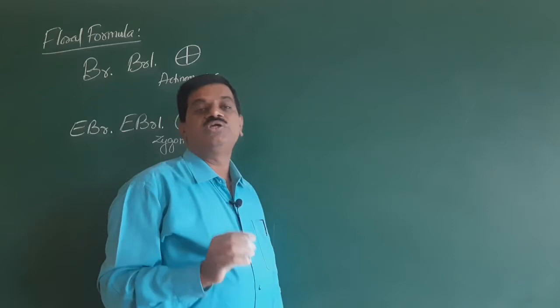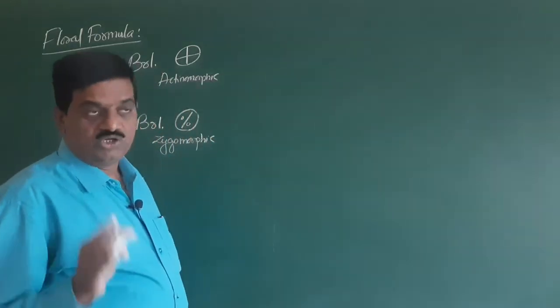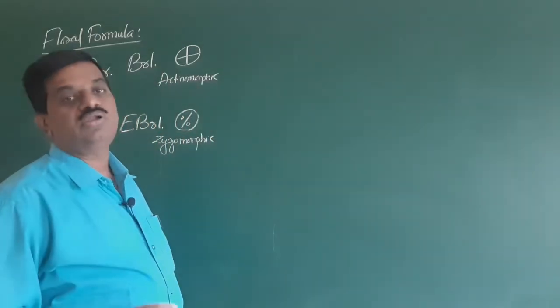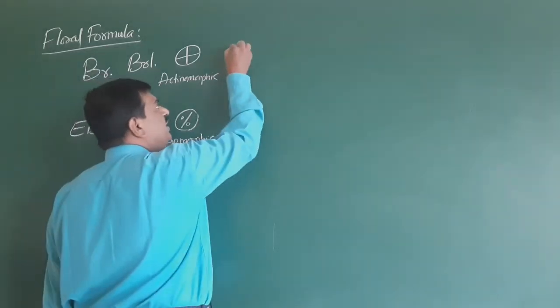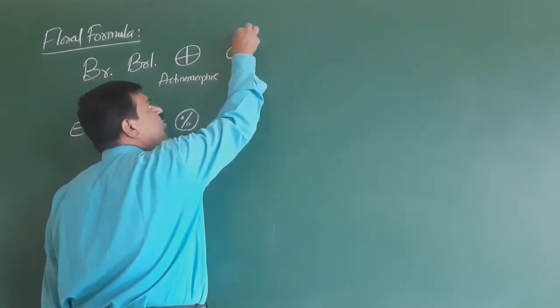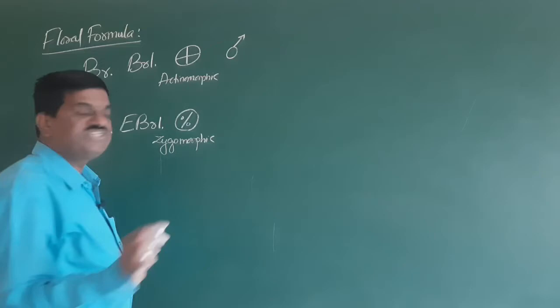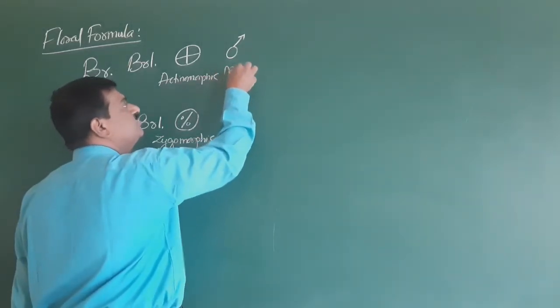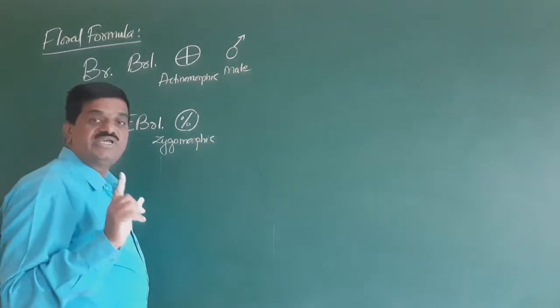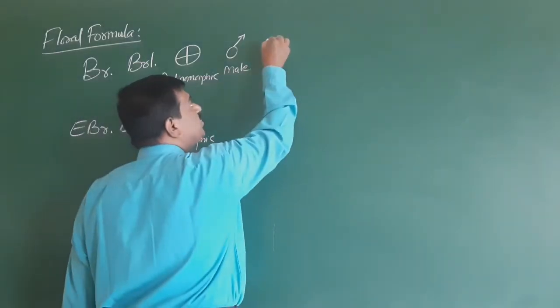And next, we are going to write the sex of a flower, whether it is unisexual or bisexual. When you write a circle and an arrow mark like this, it always indicates male, that is, unisexual male flowers.